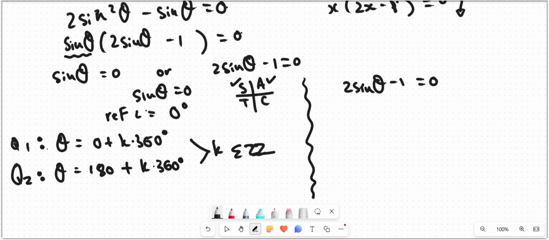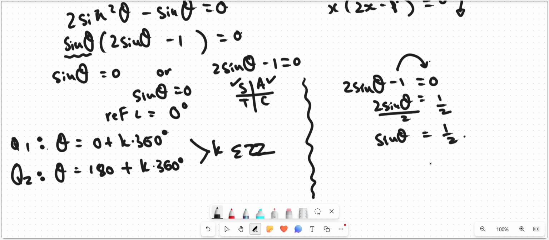So those are my 2 solutions for this part here, but I need another 2 more solutions for this other part. So I take my 2 sine theta is equal to 1, divide by 2, divide by 2, and so here sine theta is actually a half.